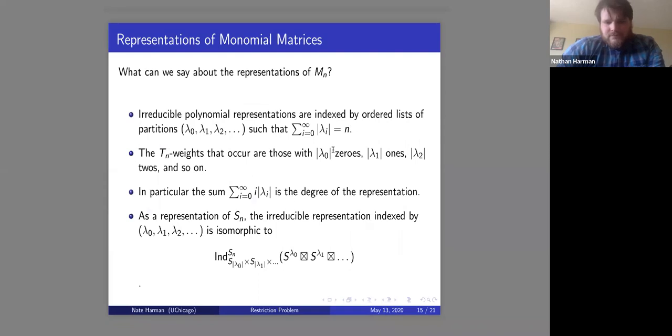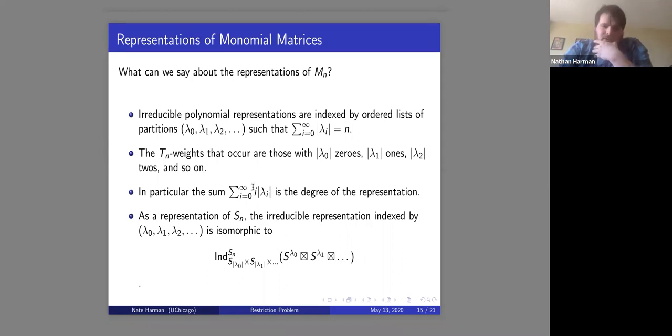I didn't say too much about it, but this is encoded in how the torus weights are happening. When I write down this sum of i times the size of lambda i being the degree, that's indicative that you count the first partition once, the second one in degree 2, and so on. That's also encoding how the torus is acting.